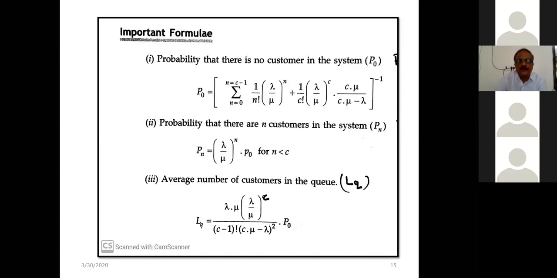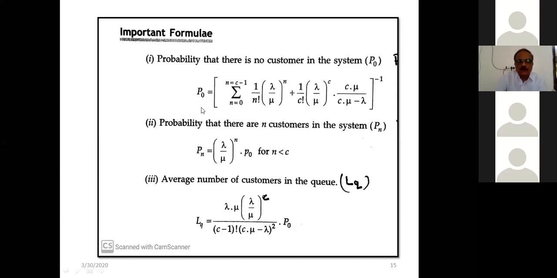The formula is: summation n equals 0 to c minus 1 of (1/n!)(lambda/mu)^n plus (1/c!)(lambda/mu)^c multiplied by (c mu/(c mu minus lambda)), the whole raised to the power minus 1. Or else we can write this formula as 1 divided by this as the denominator. This is the value of P0, the probability that there is no customer in the system.